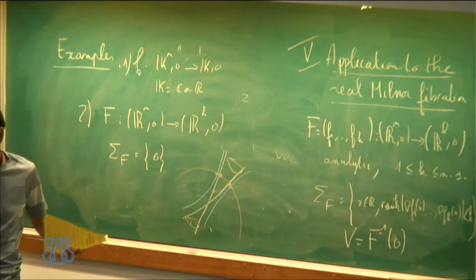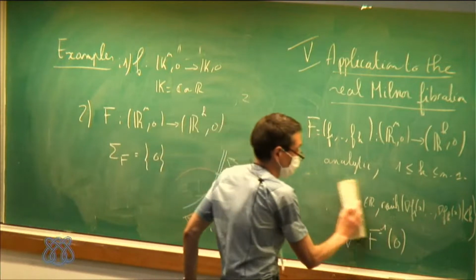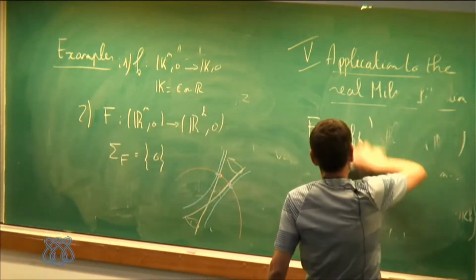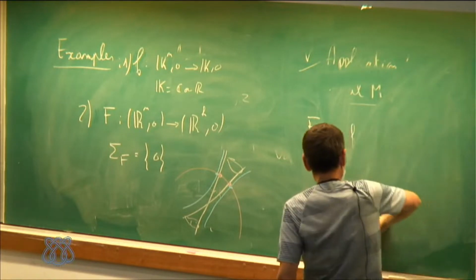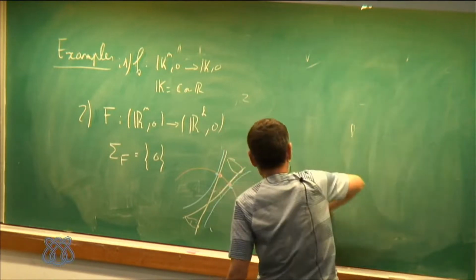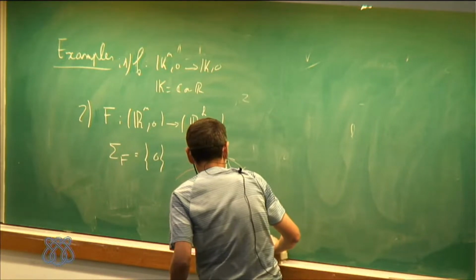So condition B is satisfied. Okay. So in this situation, we have a Milnor fibration. This is what César explained in his talk.